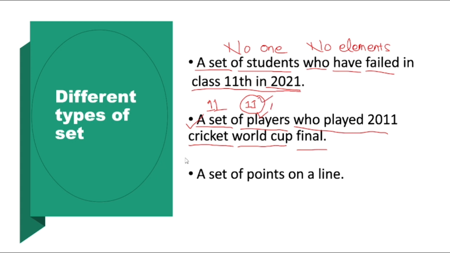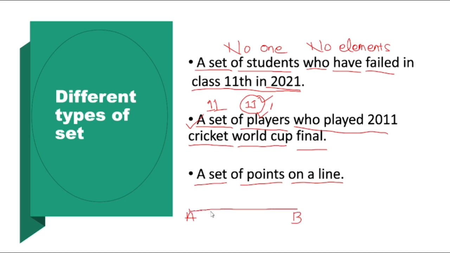In the third example, the set is of points on a line. Suppose I draw a line, and let AB be the line. Can I count how many points are there on the line AB?